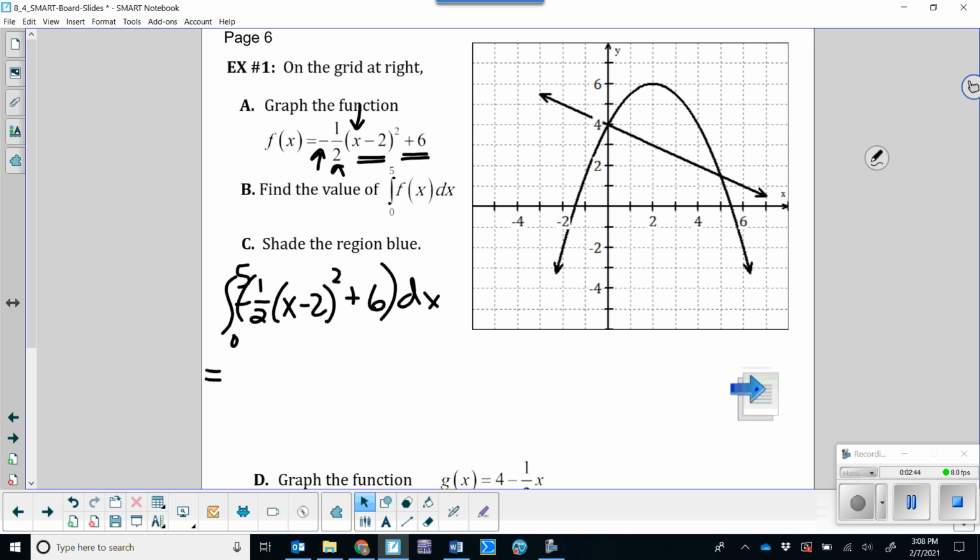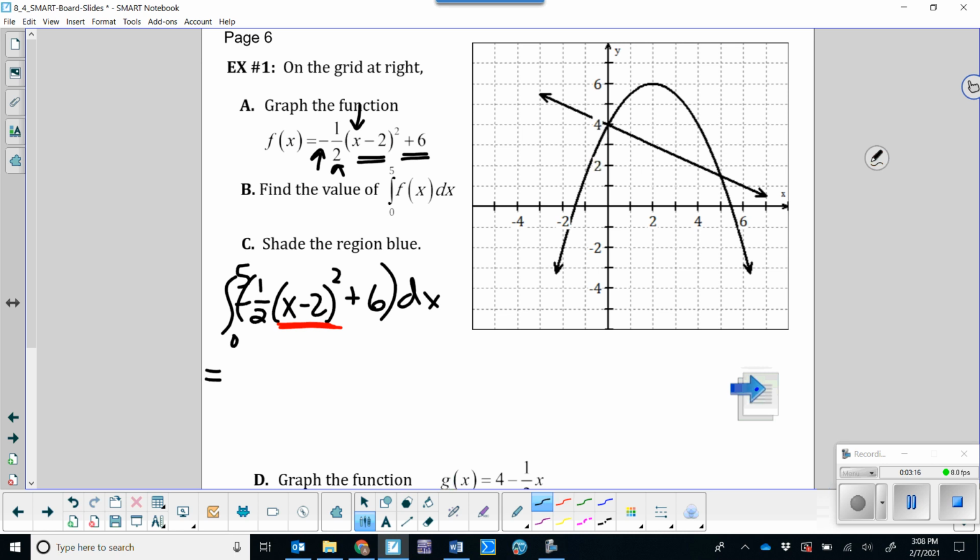Okay, so you could multiply out that binomial, x minus 2 squared, and make it x squared minus 4x plus 4, then multiply by -1/2 and all of that. But don't forget that this is just something raised to a power, and the derivative of the inside function is 1. So you really don't need u substitution. You could just add 1 to the power and divide by the new power.